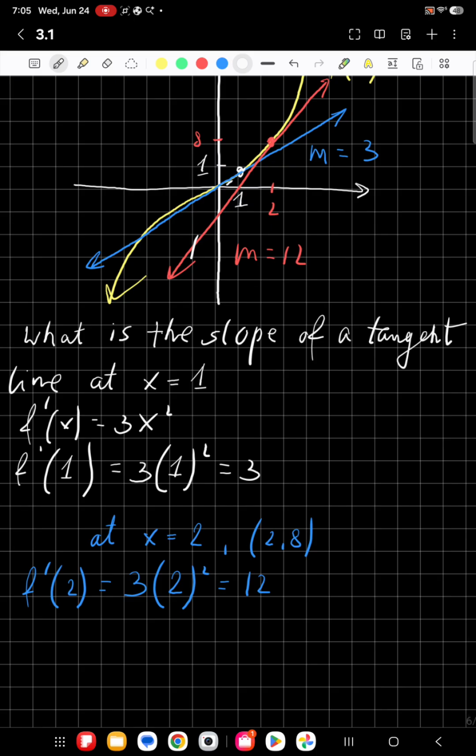And just keep in mind that derivative is basically a slope, right? It's related to the idea of slope. And when you calculate derivative of a function, it either gives you a slope or a formula for a slope.